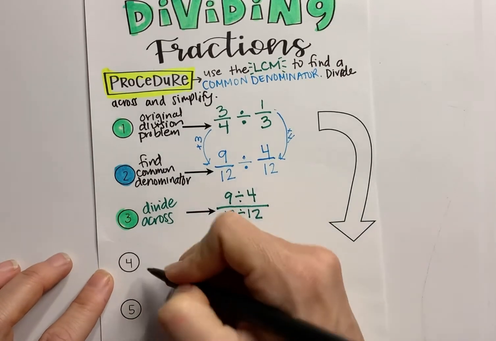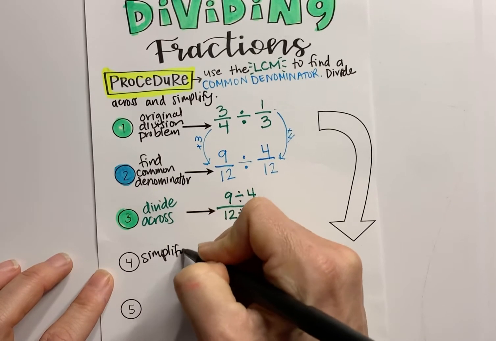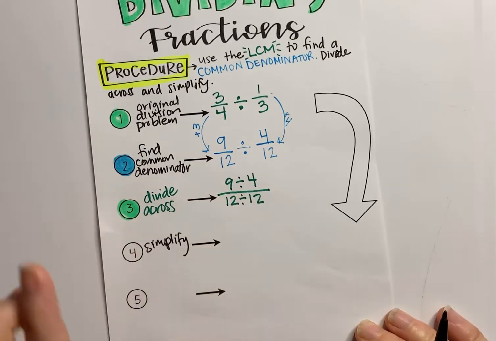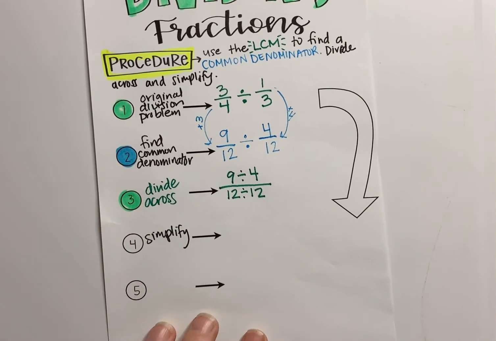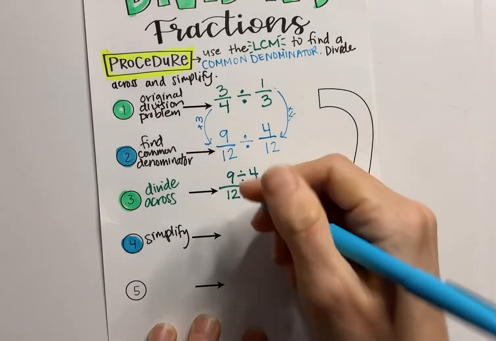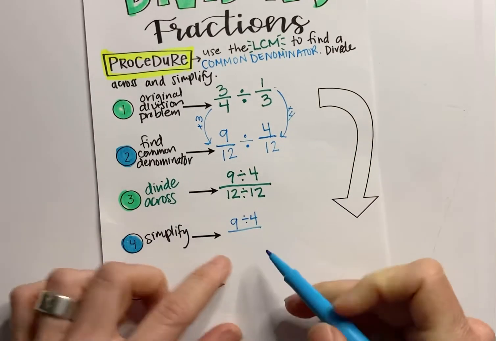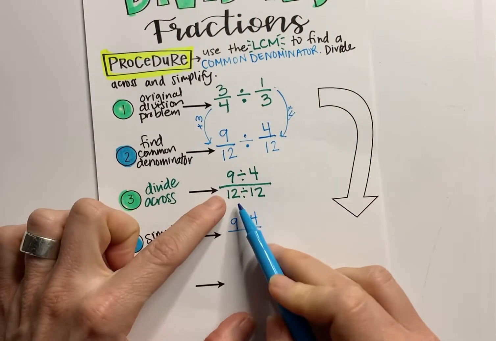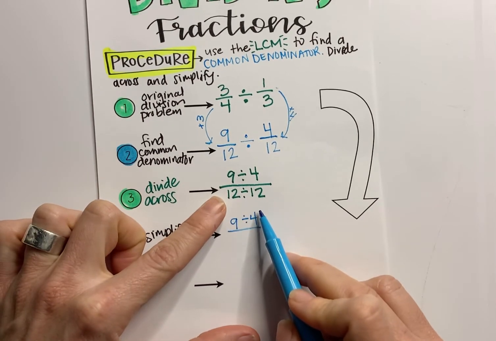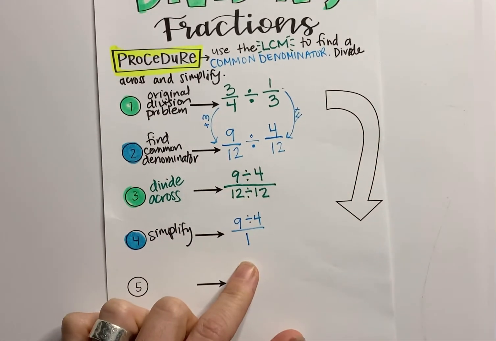My next step is to simplify. I now have 9 divided by 4, and I'm just going to leave that there for now. I'm going to simplify this denominator, 12 divided by 12. We know that anything divided by itself equals 1. So I'm going to put that fraction all over 1.